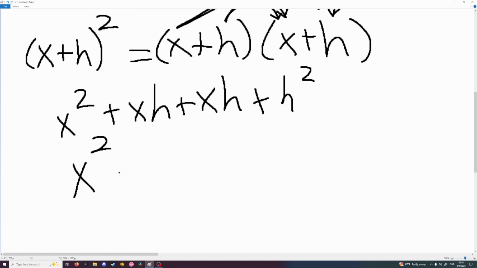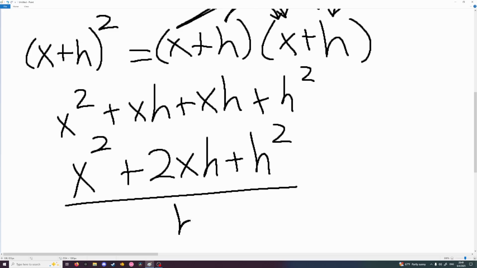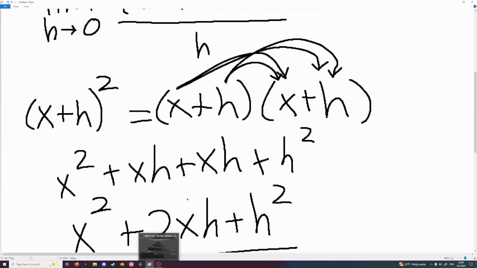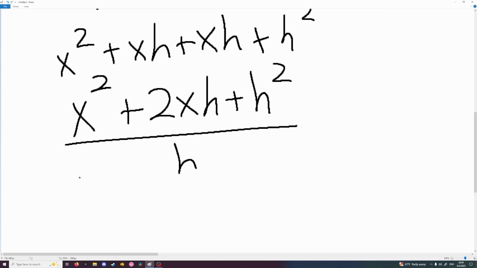We just have x squared plus 2xh plus h squared over h. We also have to have our limit as h approaches 0.